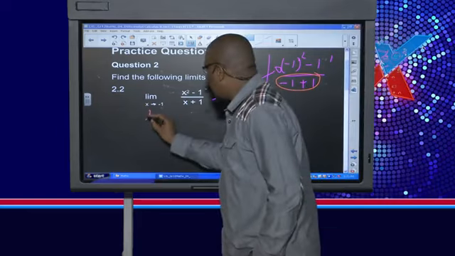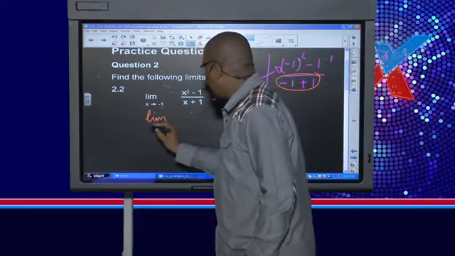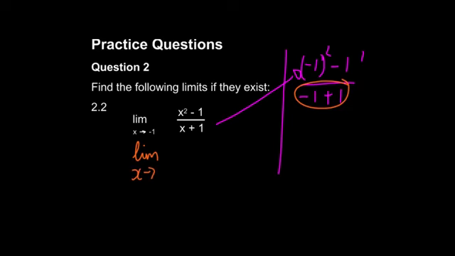So the notation still stays the same. The limit as x tends to minus 1. Can we factorize x squared minus 1? Yes. From the difference of two squares, so this is x minus 1, bracket x plus 1, all divided by x plus 1, okay? Now, the x plus 1 divides the x plus 1.